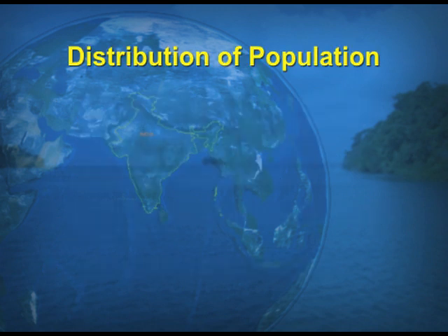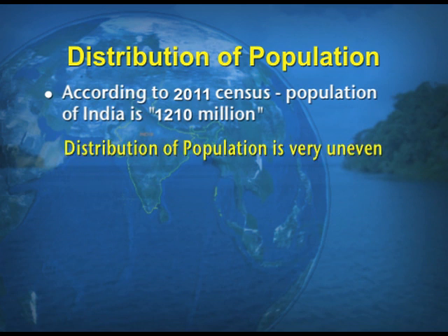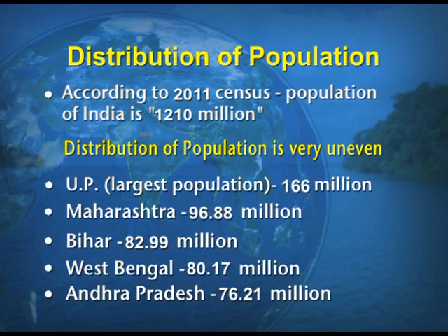Now, we take up the distribution of population according to the states of India. The population of India is 1210 million, and the distribution of population is very uneven. If we look at certain states' figures, you see UP with the largest population, that is 166 million, followed by the state of Maharashtra, which is considered to be a very developed and urbanized state.